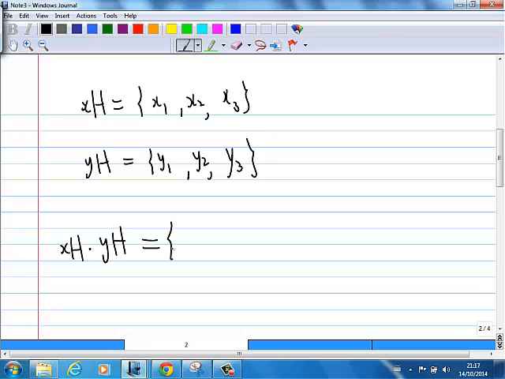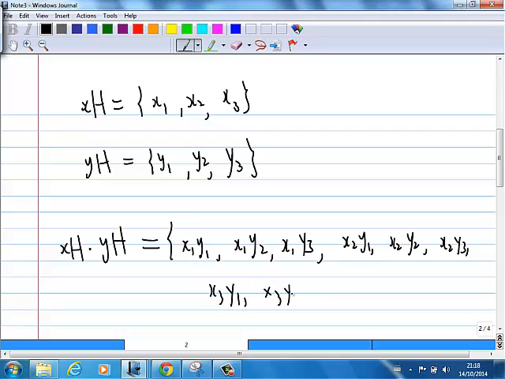You're looking at all the possible multiplications. It means x1 times y1, x1 times y2, x1 times y3, x2 times y1, x2 times y2, x2 times y3, x3 times y1, x3 times y2, x3 times y3. This is what they mean by multiplying cosets.